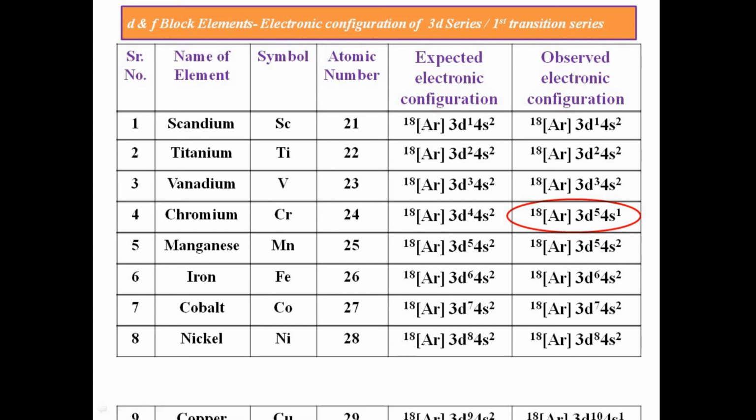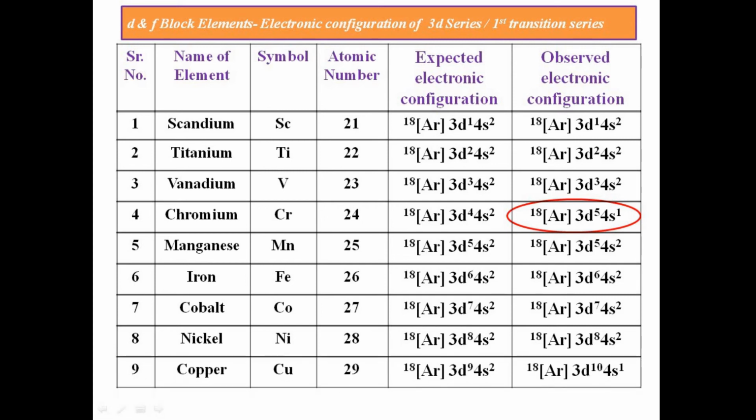Then the ninth, copper, symbol Cu, atomic number 29, expected electronic configuration [Ar] 3d9 4s2, observed electronic configuration [Ar] 3d10 4s1. Here also, the observed and expected electronic configurations are different.